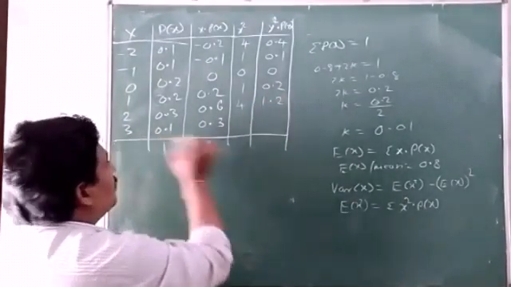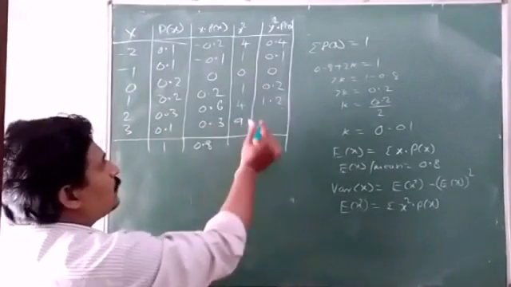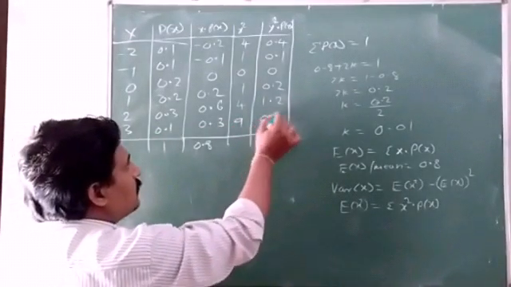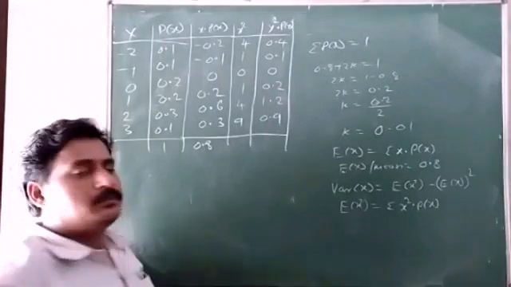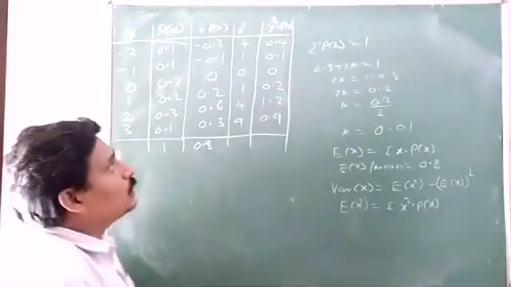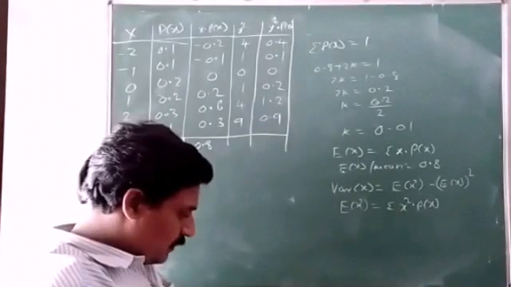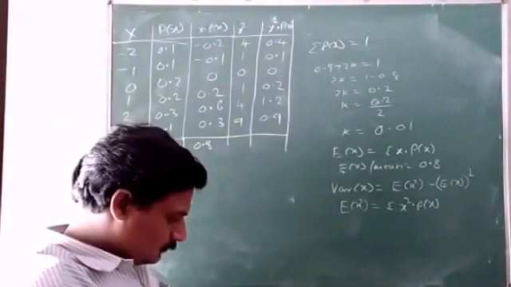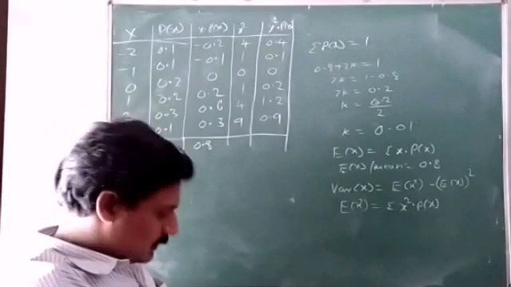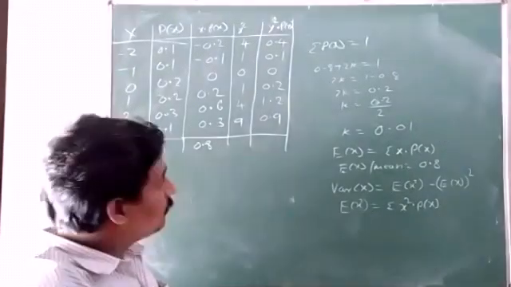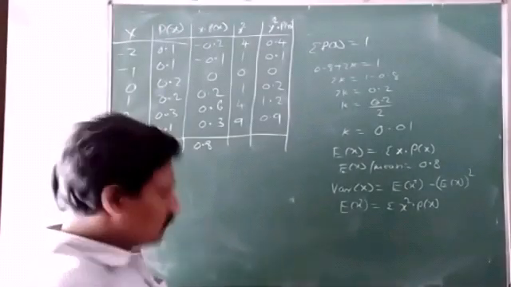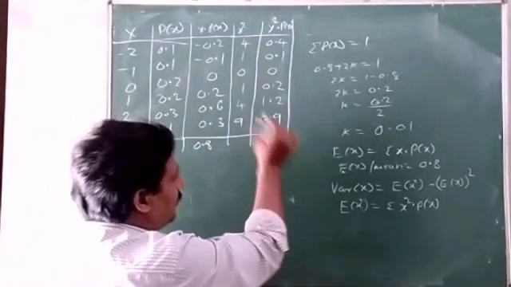And last, 3 square 9, 9 into 0.1 is 0.9. Okay, so make the total of the x square into p of x column. 0.4 plus 0.1 plus 0.2 plus 1.2 plus 0.9. So that is 2.8.